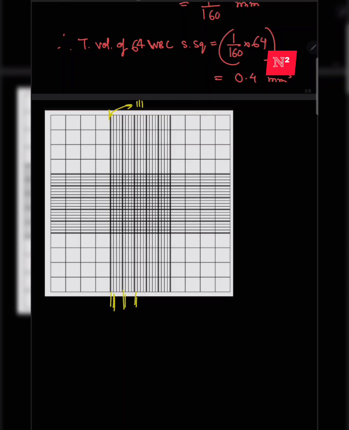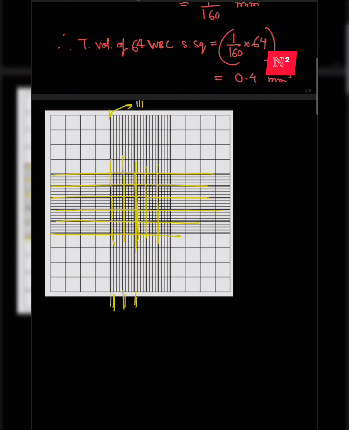Everywhere these triple lines are intersecting through and throughout the middle RBC counting area. Wherever it is dividing or intersecting the lines, horizontally or vertically, it has been intersected by the triple lines. So that's the modification of the improved Neubauer slide.